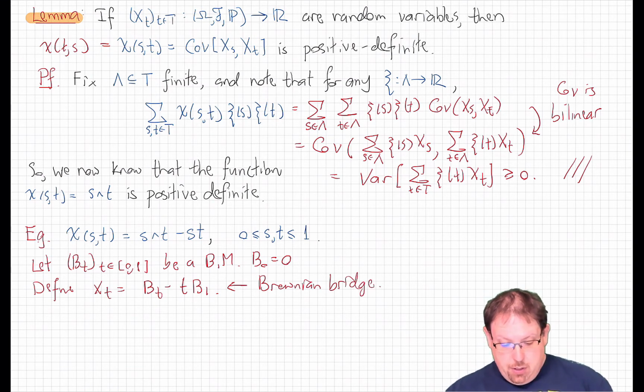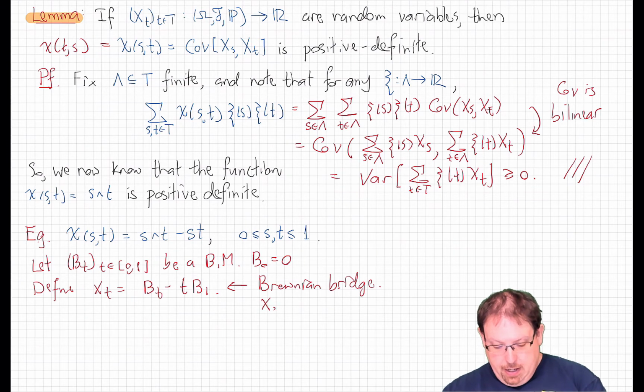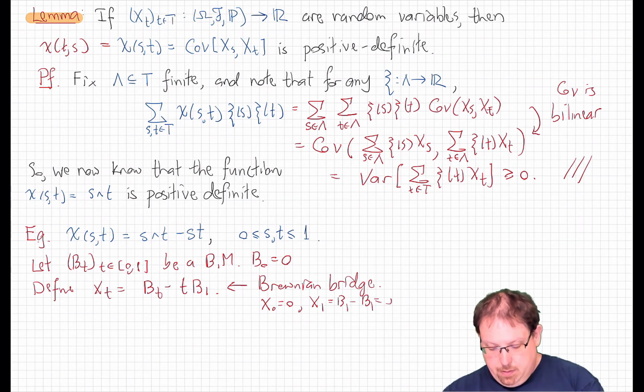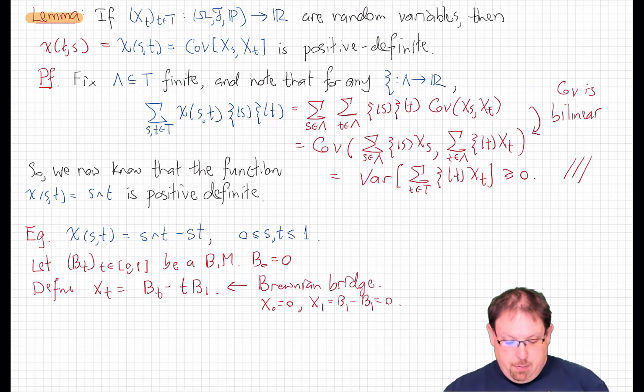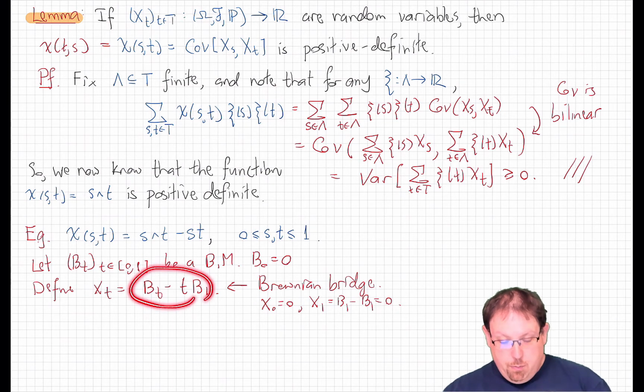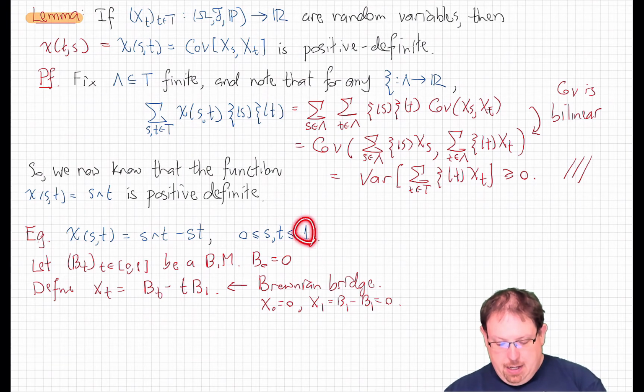And the thing to note about it is that x0 is 0, of course, because b0 is 0, and we have a 0 here, but also x1 is 0. So this is a stochastic process which has pretty rough looking paths, but it's pinned down to be 0 not only at the beginning, but also at the end time 1.